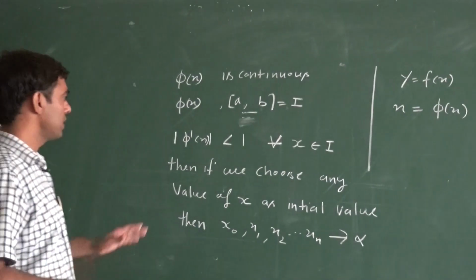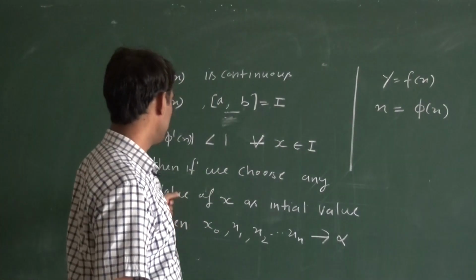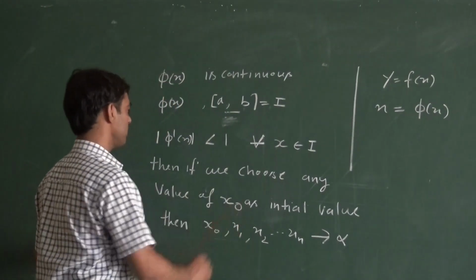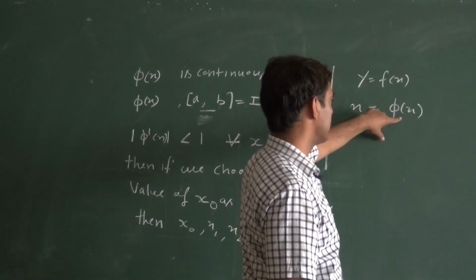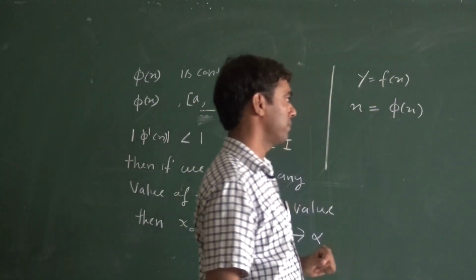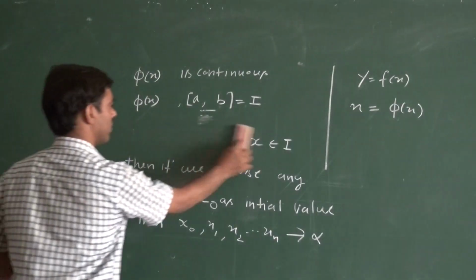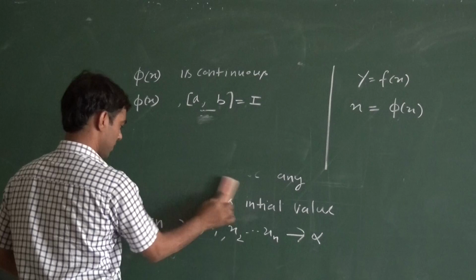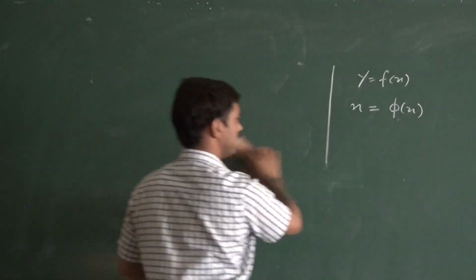So we choose the initial value x0 very carefully, and also write the function phi x very carefully. Now we consider one numerical example of how we solve with the help of the iterative method.